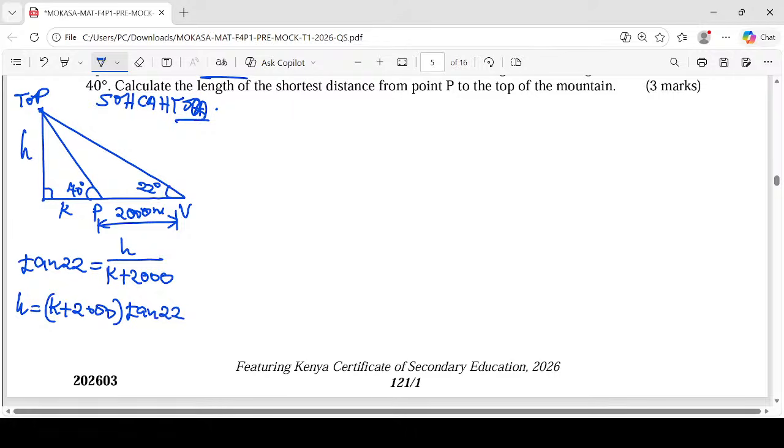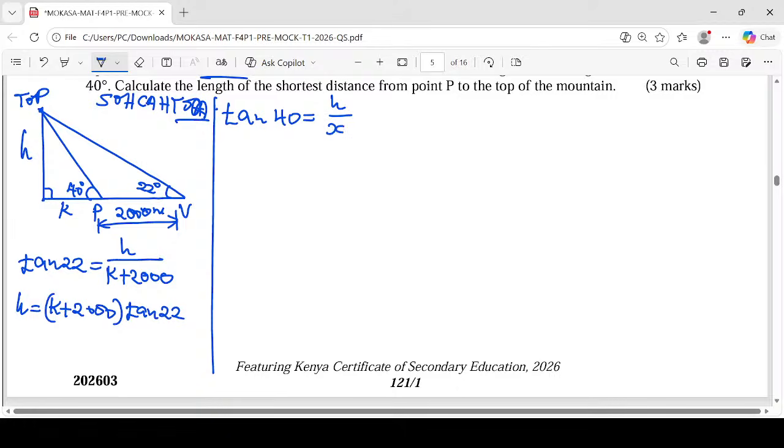After getting the height of the mountain, we can form another equation by talking about tan 40. Tan 40 in this particular case will be given by the opposite, which is h, over the adjacent.